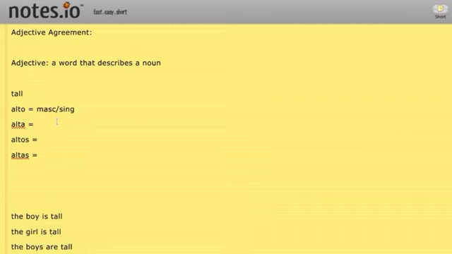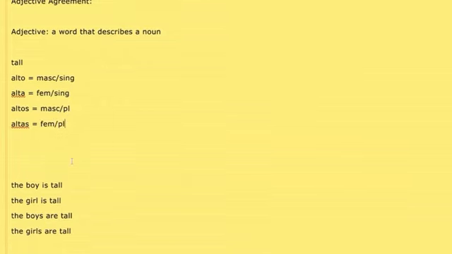Then we're going to use alto. Versus if we're talking about alta, that would be feminine singular. Altos, masculine plural. And finally, altas, going to be feminine plural. And so you can see that for tall, we actually have four different forms in Spanish, while in English, we only have one. So let's take a look at how we would translate these sentences.